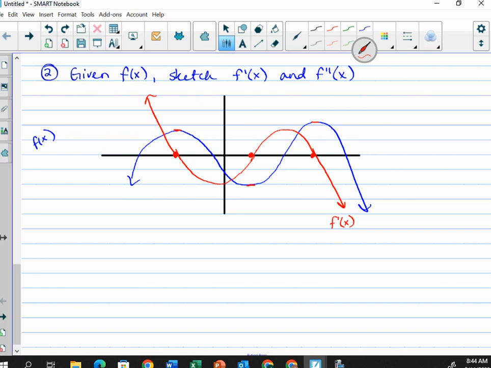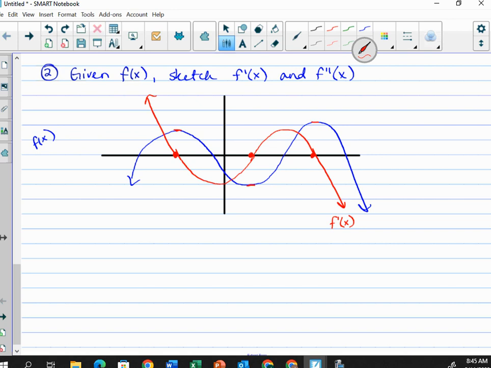Oscar, you go. You see it? So you just do the same thing to the second derivative one, then, right?